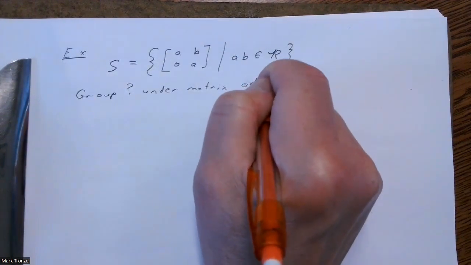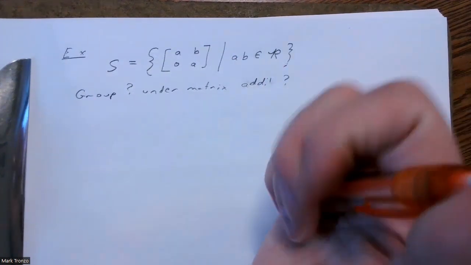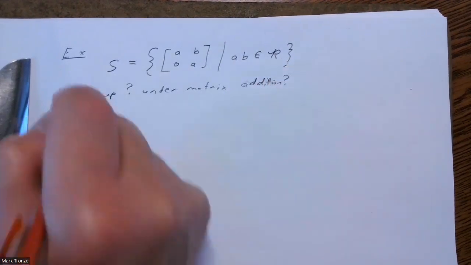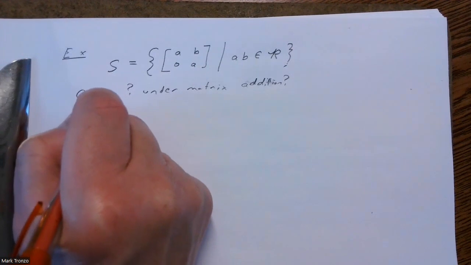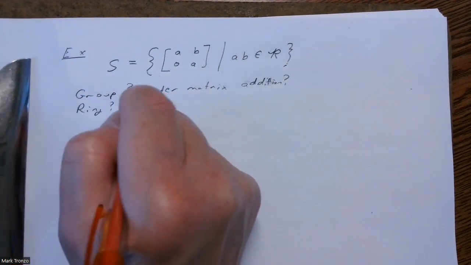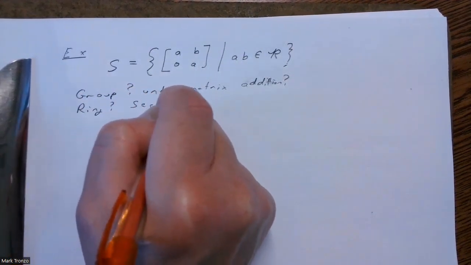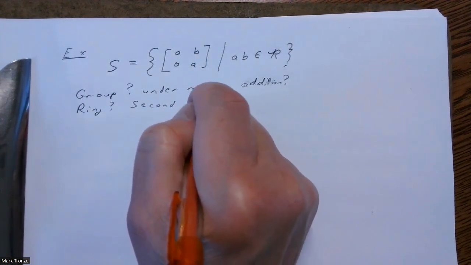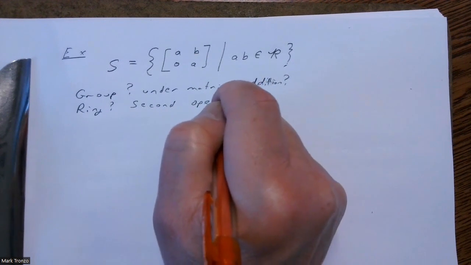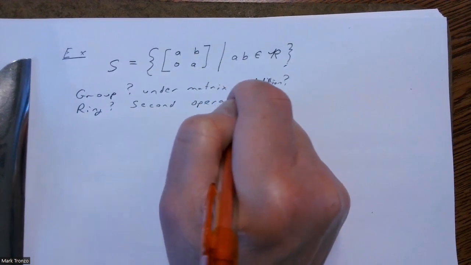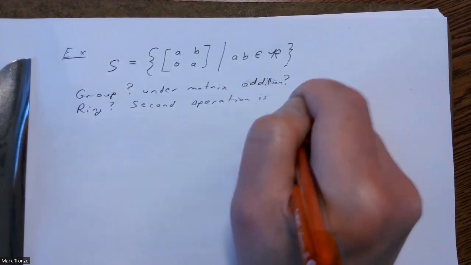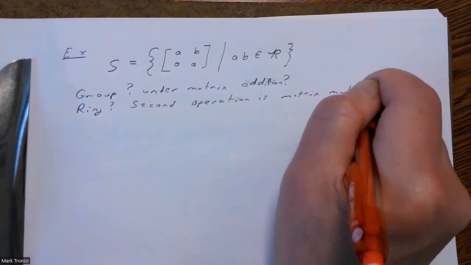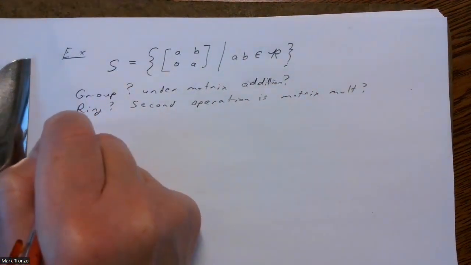And that'll be our first operation. Is this a group under matrix addition? And is it a ring where the second operation is matrix multiplication? And so let's take a look at this.